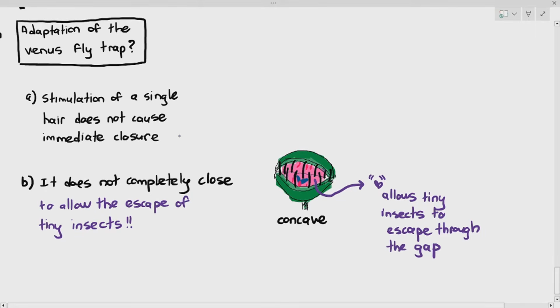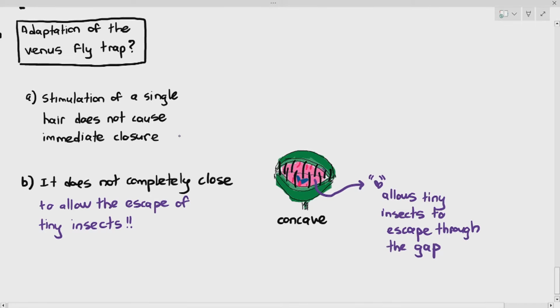Because think about it, keeping the trap closed and releasing digestive enzymes by exocytosis requires a fair bit of ATP. And if the meal is an extremely small meal, the amount of ATP spent digesting the small insect is not worth it. In fact, it might actually cause the Venus flytrap to waste energy in the process.